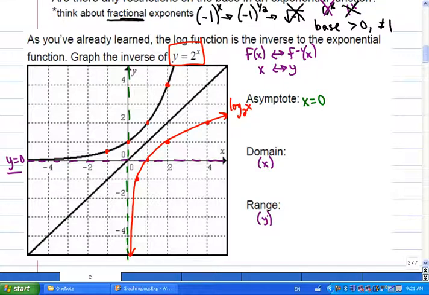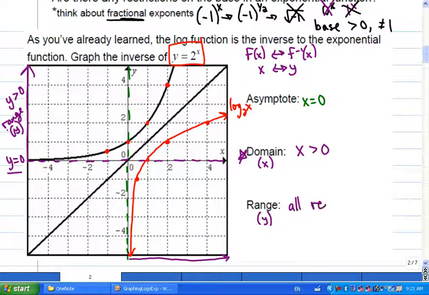So the domain of the logarithm, if I look at it, it can't cross the asymptote. It's going to be x greater than 0. And if I look at the function here, that's y greater than 0. And that's the range. So the range values, which are the y values, become the domain and the x values in the inverse. Okay. And finally, same thing happens here.